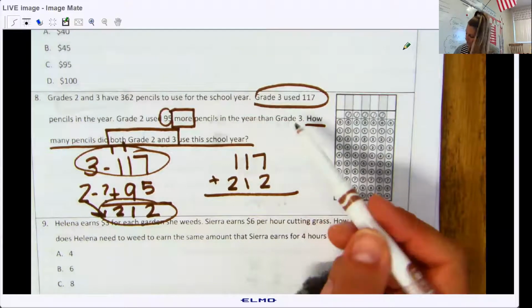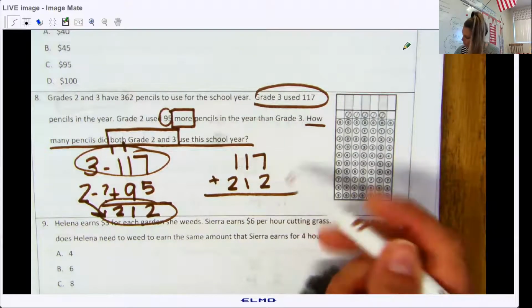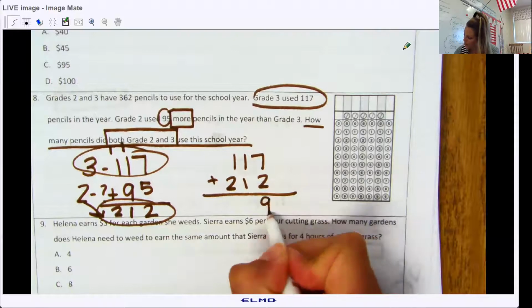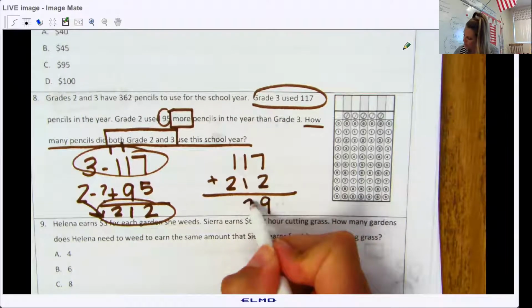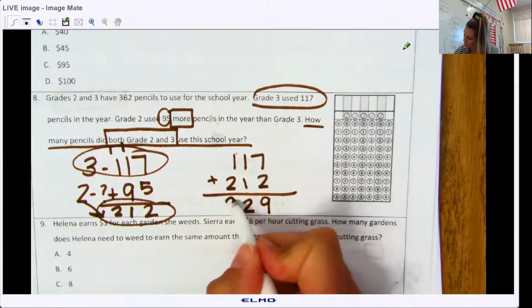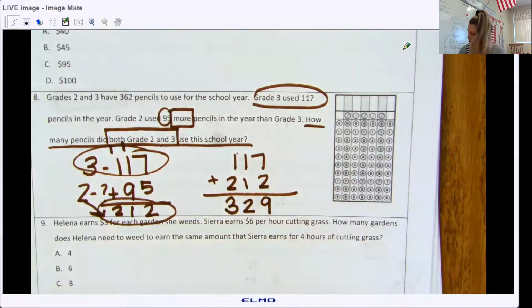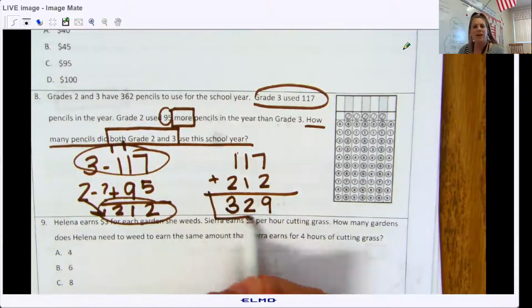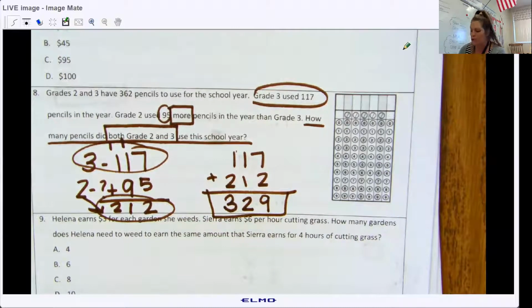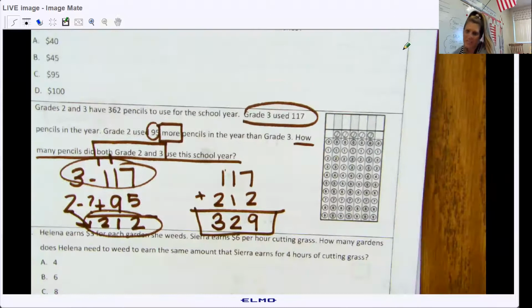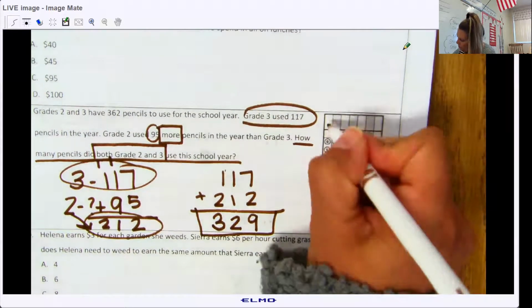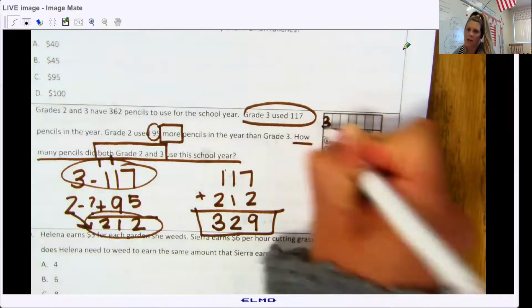All right, let's check our work. 7 plus 2 equals 9. 1 plus 1 equals 2. And 1 plus 2 equals 3. 329 is our answer. Okay, do you remember how to write it in our grid bubble sheet? We always start in that first box.